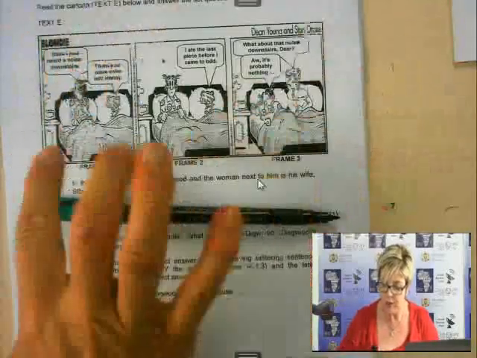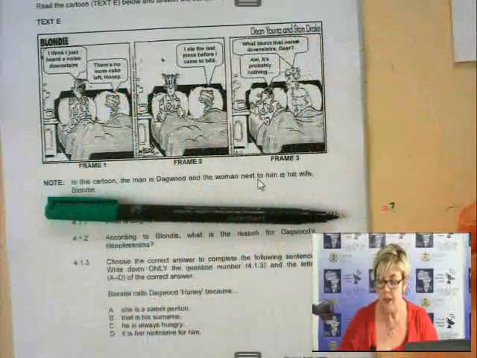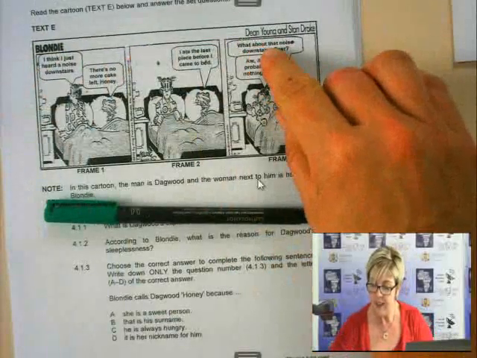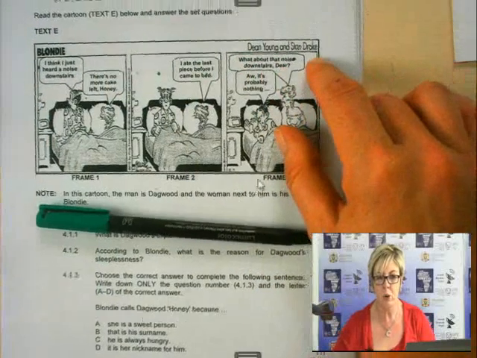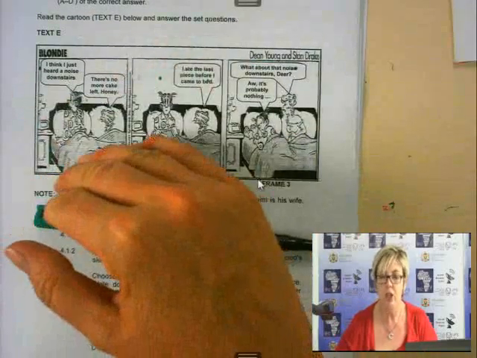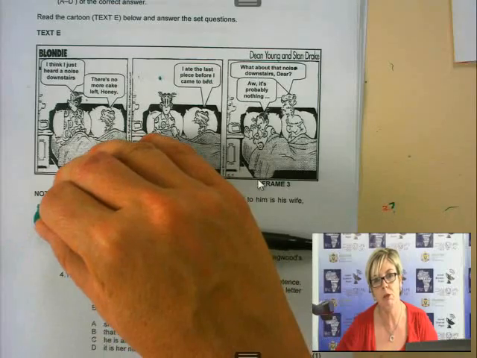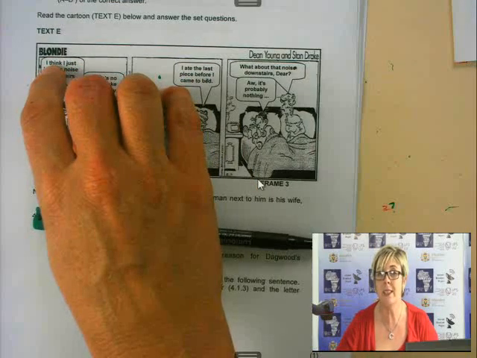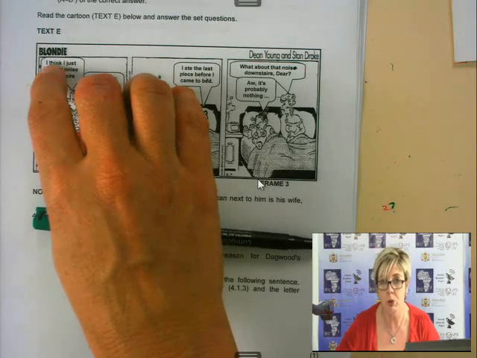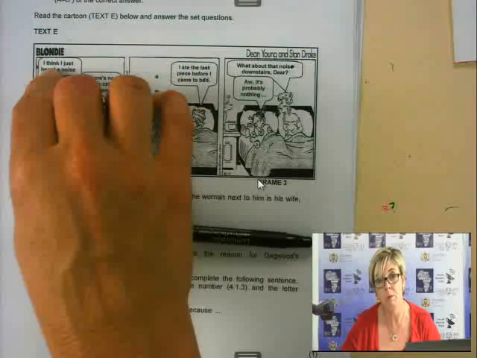Now we have Blondie, we have frame 1, frame 2, frame 3. So the name of the cartoon is Blondie. Now we have here Dean Young and Stan Drake. Now, which one is the name of the cartoon? Without even reading further, which one is printed in bold? Blondie. And what is important, normally the main character will be more important, and that will be printed in bold.